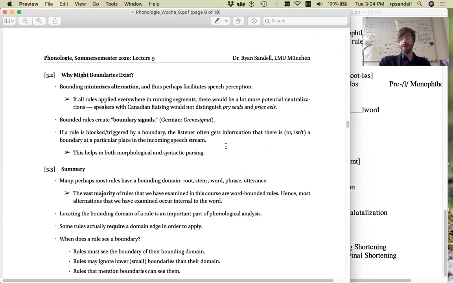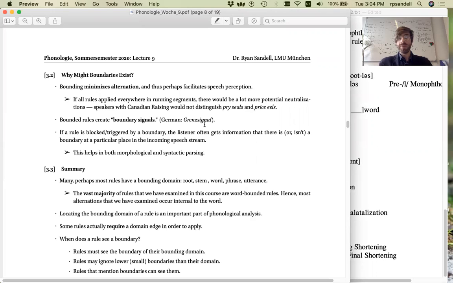A rule being blocked or triggered by a boundary helps the listener get other information that doesn't have any direct phonetic correspondent. So the word boundaries, the phrase boundaries, for inside of words the stem or root boundaries, those are not directly indicated by any sounds.